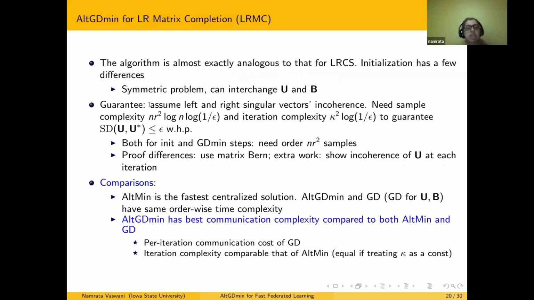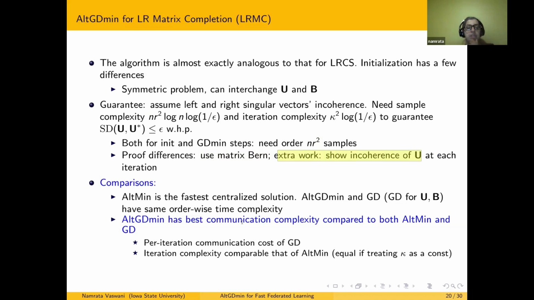A little more about matrix completion. The algorithm is the same, and the guarantee is almost the same. You need slightly more samples because you have row and column wise local measurements. The differences in the proof are, one, you use matrix Chernoff, but the extra work you also need is to show incoherence of U at each iteration, which takes a fair bit of work.